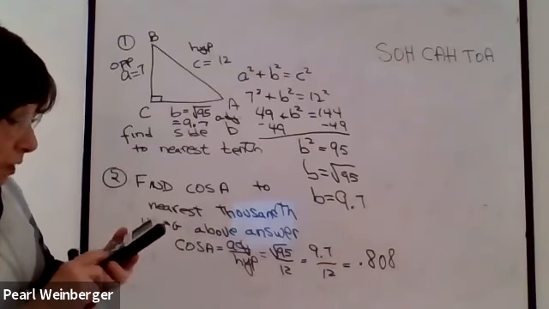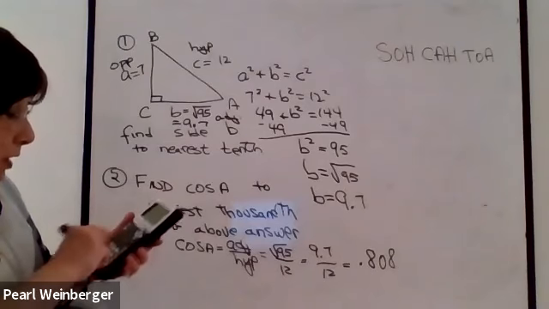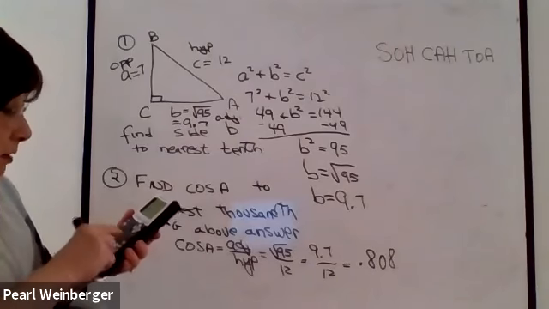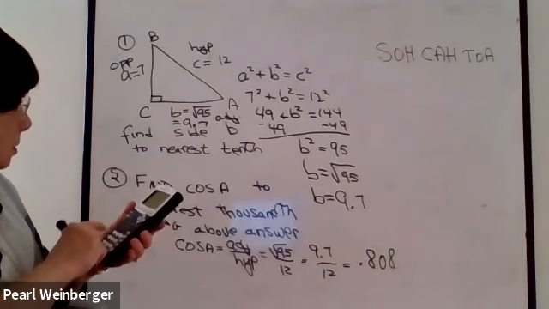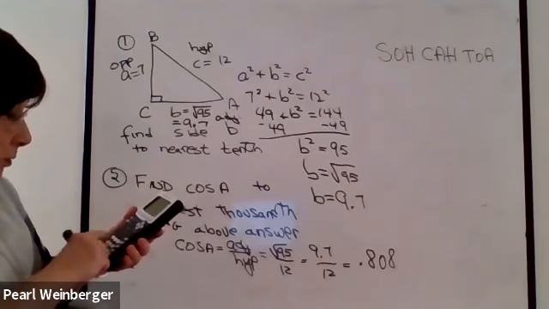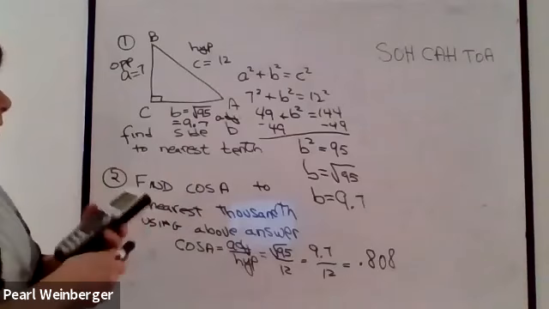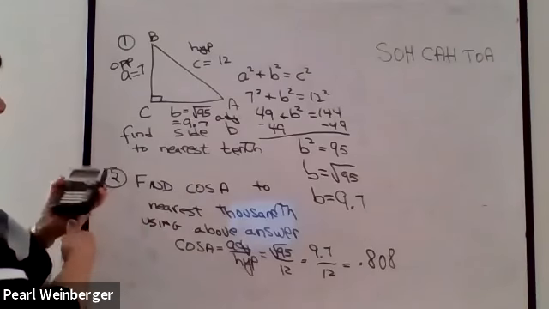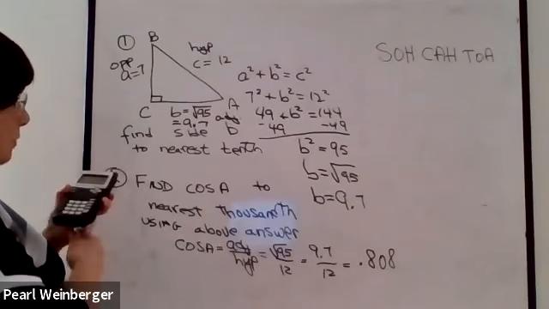But we can figure out what the angle is by simply doing second cosine 0.808, just sticking it into my calculator again. This is what you would have to do.